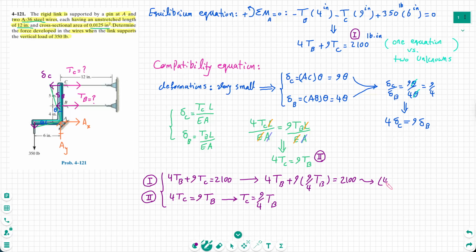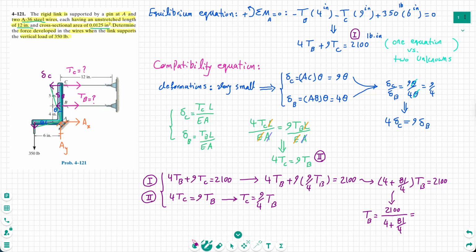So we get 4 plus 9 times 9 is 81 over 4, times TB, equals 2100. If I isolate this for TB, TB would be 2100 divided by 4 plus 81 over 4.